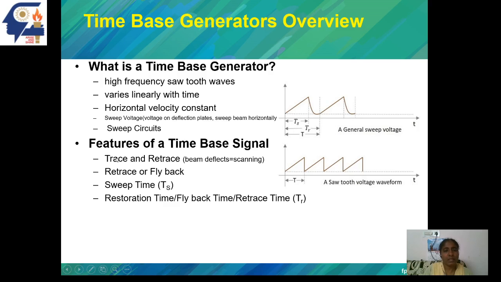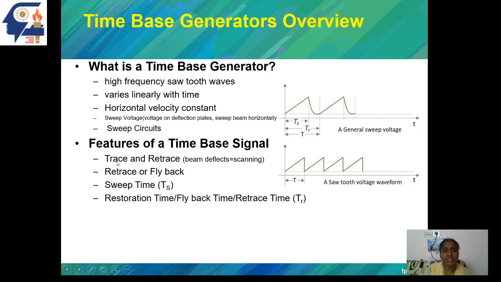Whenever we apply a signal on the deflection plates, the beam will be swept on the screen. When the beam is swept from one end to the other, it is otherwise called scanning, and in the forward direction it is called the trace of the signal.